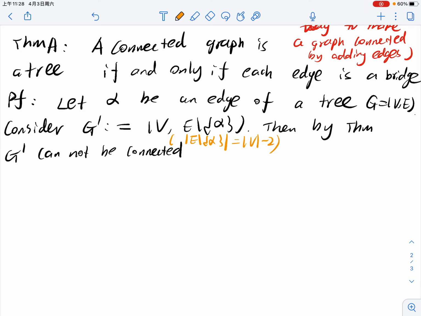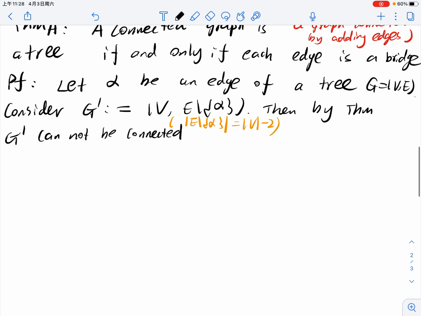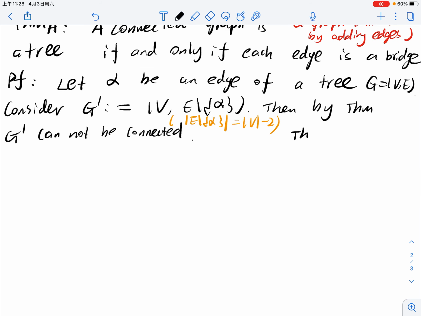According to the theorem, which says if you have connectivity, then the cardinality of the edge set has a lower bound, the cardinality of the vertex set minus 1. So alpha is a bridge.